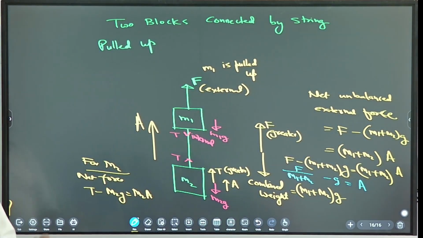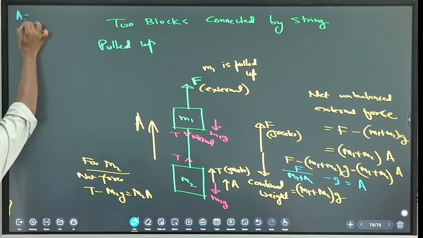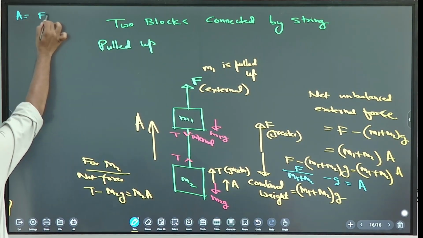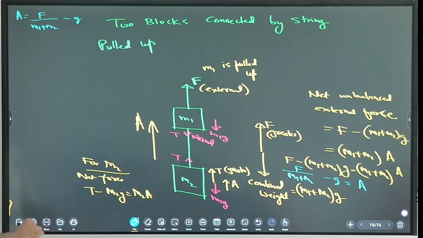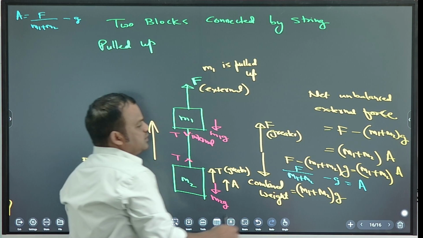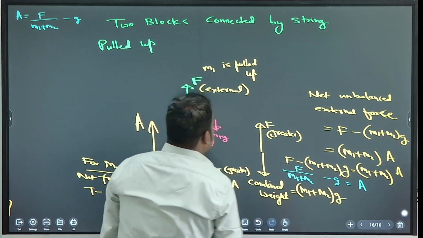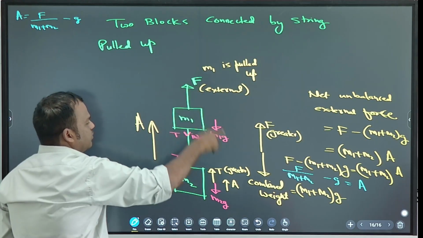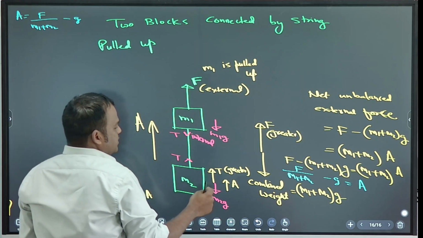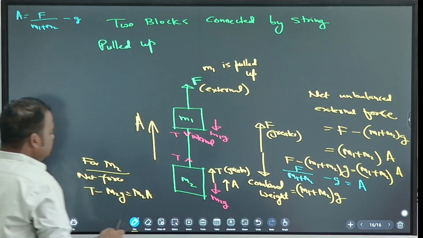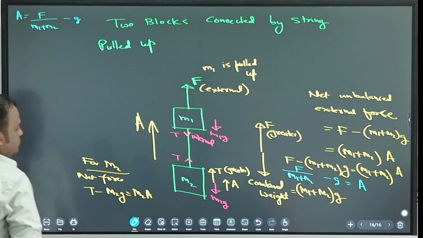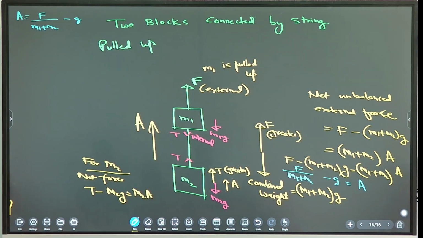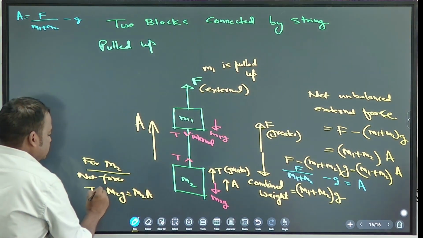So what is the acceleration? Now acceleration you got. What is the formula for acceleration? F by total mass minus g. That is acceleration. Now substitute here, you will get tension.